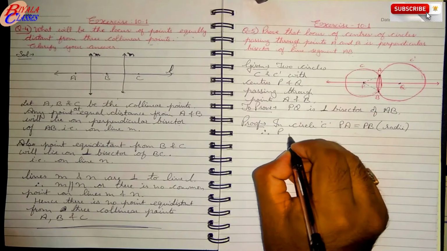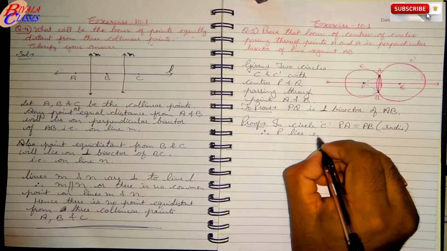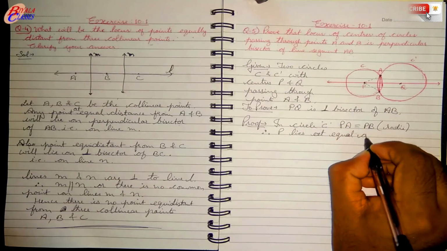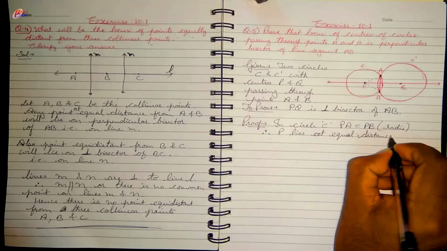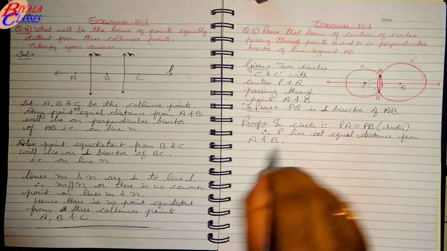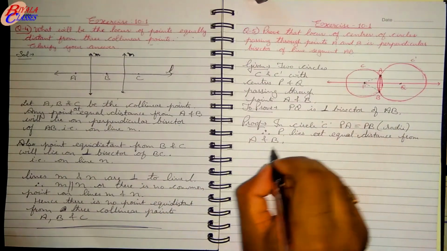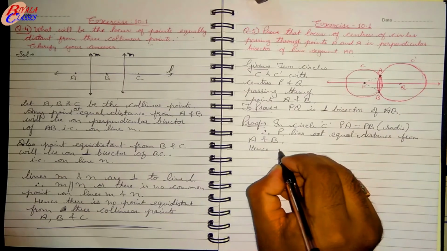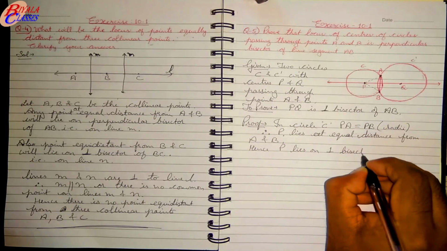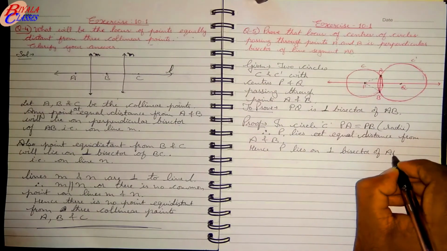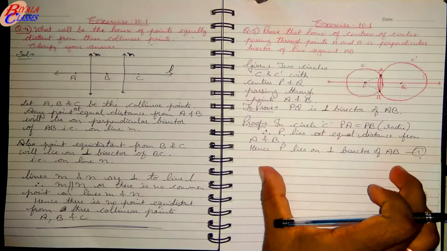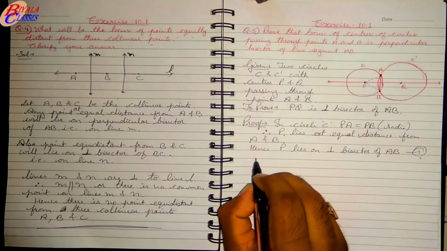Therefore, P lies at equal distance from A and B. Now if P is lying at an equal distance from A and B, hence P lies on the perpendicular bisector of AB. This is your theorem 10.1, which says that P lies on the perpendicular bisector of AB.